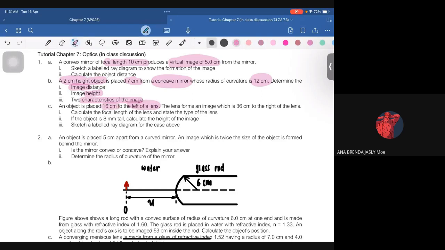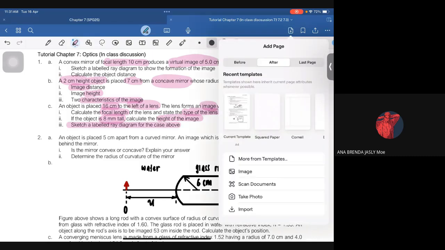Okay, so the lens ni forms an image which is 36 centimeter to the right of the lens. So we have to determine the focal length of the lens and the type of the lens. Lepas tu dia bagi tahu kalau object is 8 mm tall, determine the height of the image, and then basically ray diagram je lah. Okay.